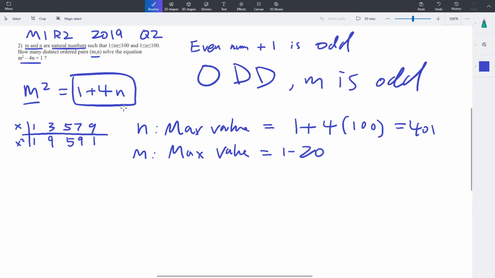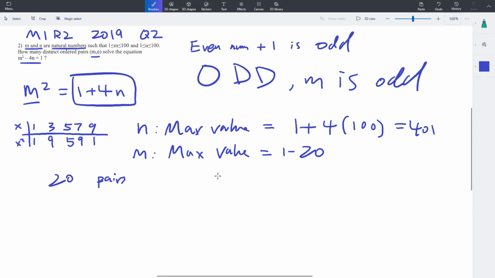And we know that if we're looking for pairs, there would only be one actual answer per m. So at most we have 20 pairs in total, because it's restricted by either one, or it's restricted by both of them at the same time, but also you only need exclusively one.